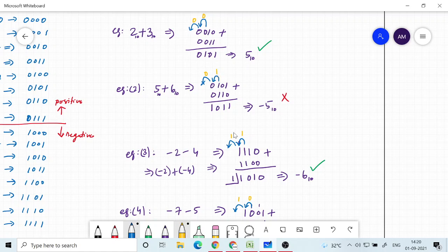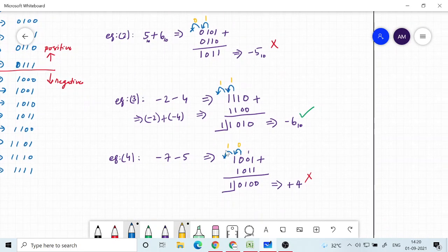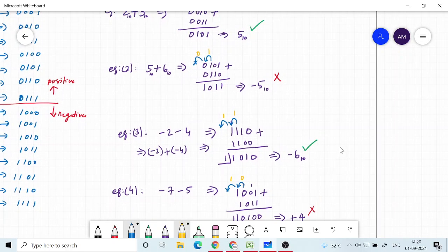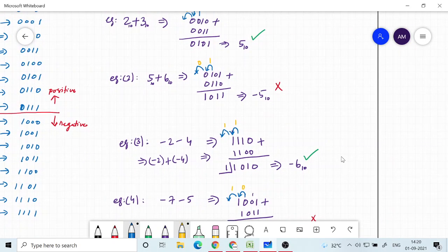Similarly here also, it is 1 0, earlier it was 0 1. So you can see that the carries are differing. If the carries are differing, that is a case of overflow. That way we can detect if there is an overflow. If there is an overflow, then we need to correct for that result.